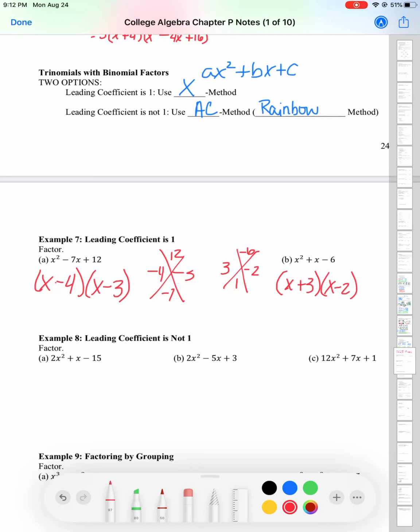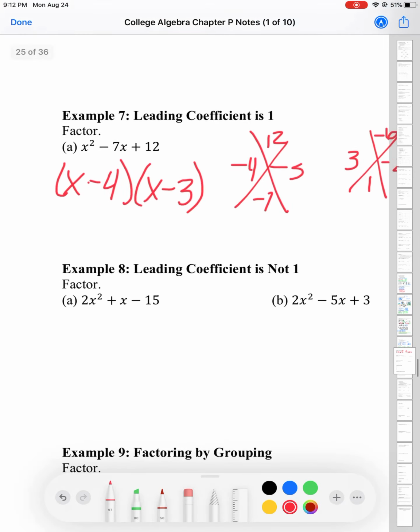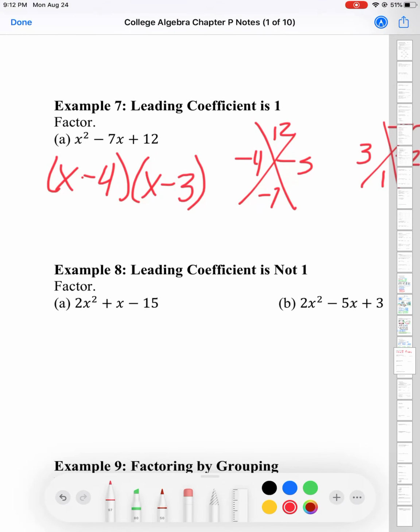All right, now on to the ones that are a little bit harder when the leading coefficient is not 1. So this is when we use the rainbow method. So we say 2 times 15, or -15, that's -30. So I want 2 factors of -30 that add to +1.